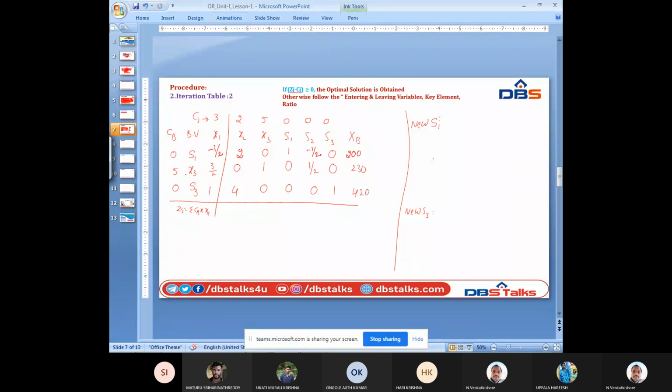So here also the condition is Zj equals Cb into Xb. So 0 plus 5 into 3 by 2, that is 15 by 2. This is 15 by 2, and again this is 0, 5, 0, 5 by 2, and it is also a 0.